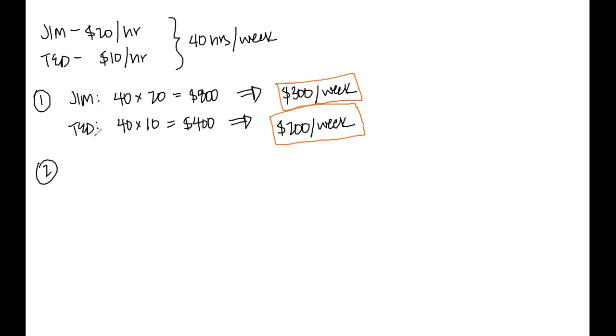So for Jim, we know he's being compensated $300, but he usually makes $800. So we create this fraction to look at what specific percentage he's being compensated. So we can see that 300 over 800 gives us 37.5%.